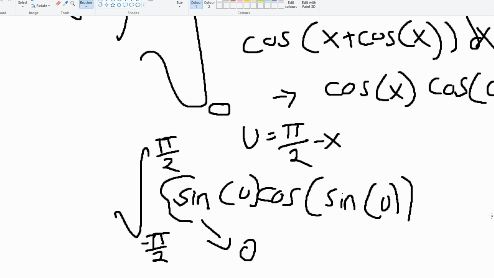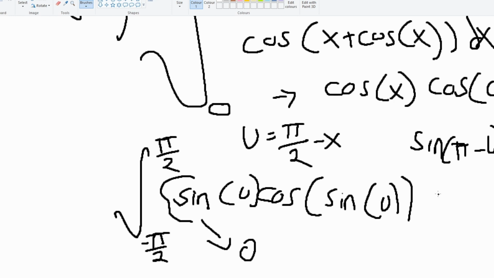So the next thing we are going to do is have sine of pi minus u, which is going to equal cos of u.